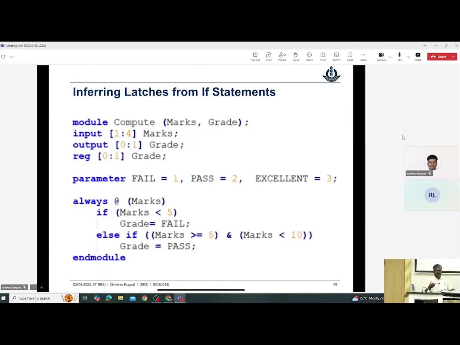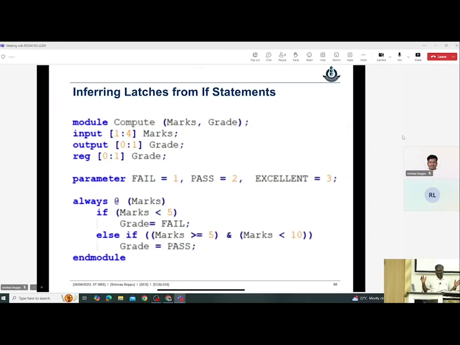Now the next student got, let's say, 9 marks, pass. Now the next student got 2 marks. What is the answer? Fail. And the next student got this time 11. How come 11 marks means fail?